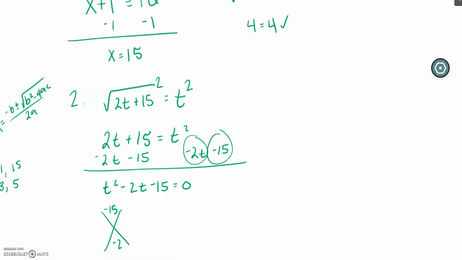Do any of those subtract to give us 2? Well, of course, 3 and 5 do. But it subtracts to a negative 2 and it multiplies to a negative, so that means our larger factor needs to be negative. So now we have t plus 3 times t minus 5, and it's still set equal to 0. Then to finish solving, set both factors equal to 0.